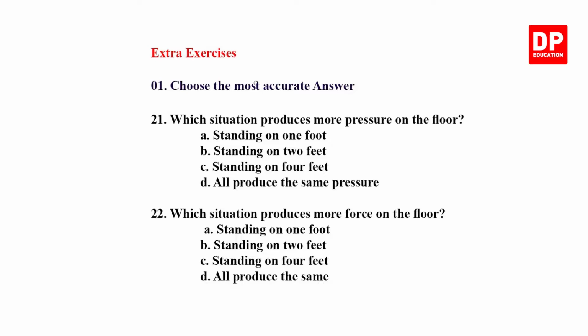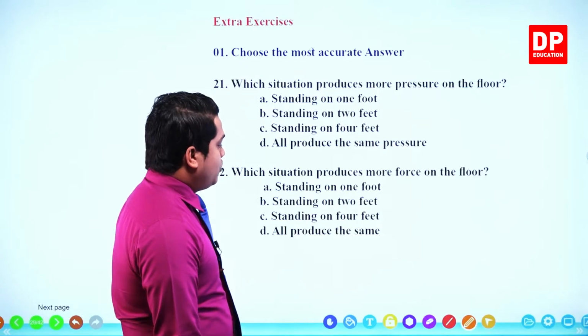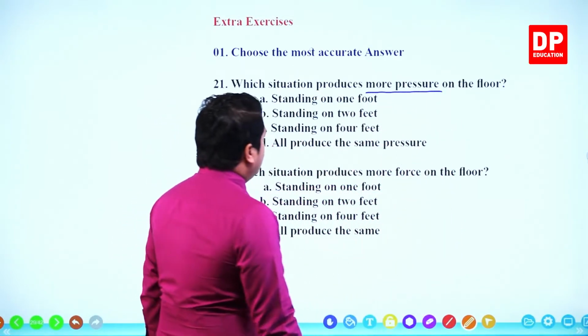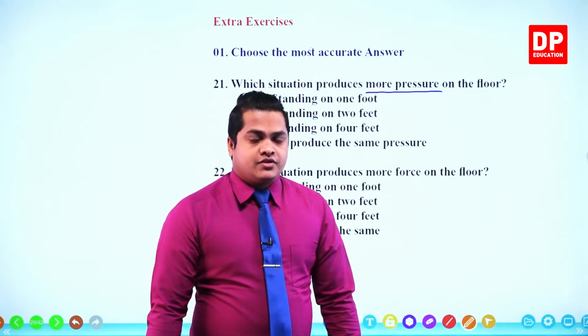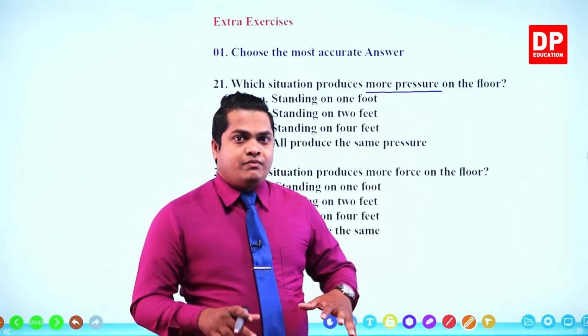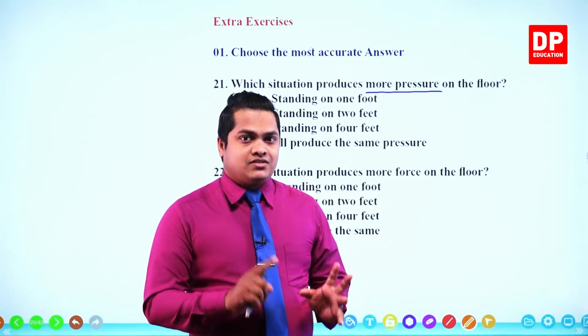Once again, 2 tricky questions. Read it carefully. Number 1, which situation produces more pressure on the floor? They are asking about more pressure. Standing on 1 foot. If you stand on 1 foot, all of your weight is borne by that one single foot.